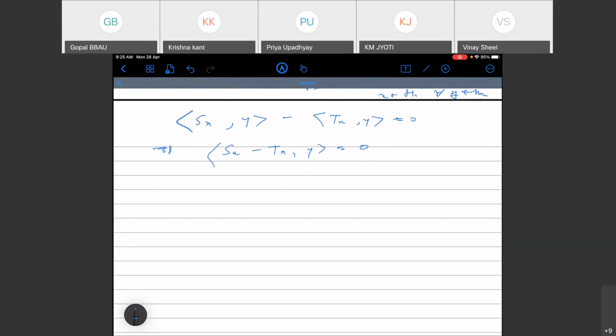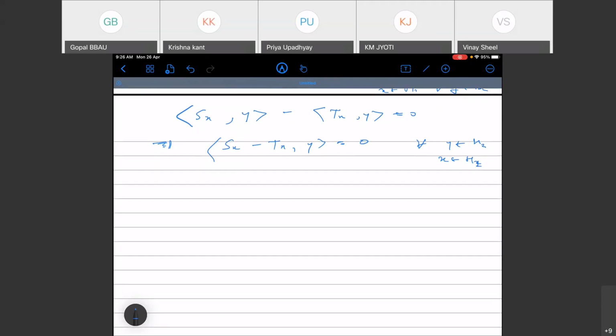Inner product is also a sesquilinear functional. You know, inner product is linear in the first coordinate and conjugate linear in the second. So this is true for all y in H2, x in H1.